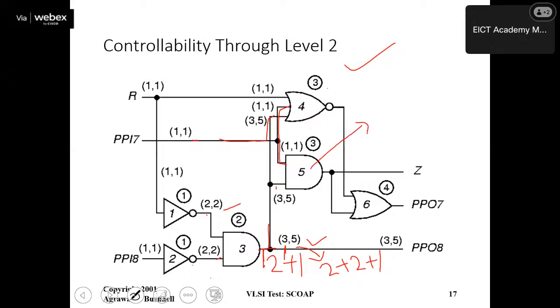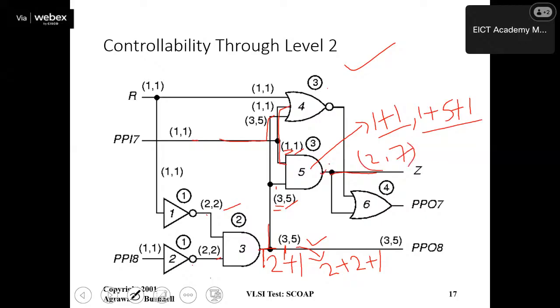For CC0, you have to take the minimum of these two, 1 and 3. Out of this, the minimum is 1 plus 1 more. That becomes 2. And for CC1, you have to take 1 plus 5 plus 1, CC1 of A plus CC1 of B plus 1. So this becomes 2, 7 over here.